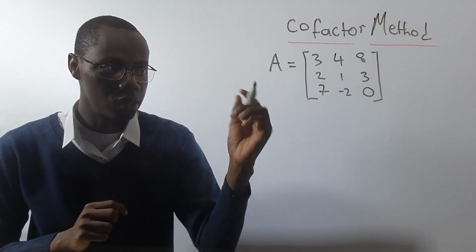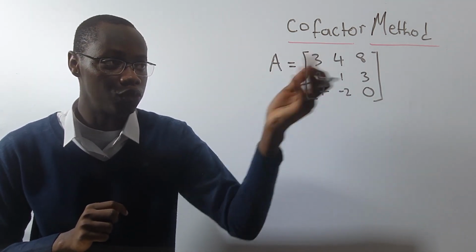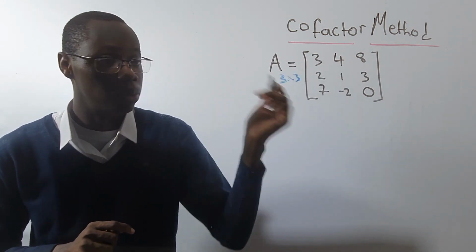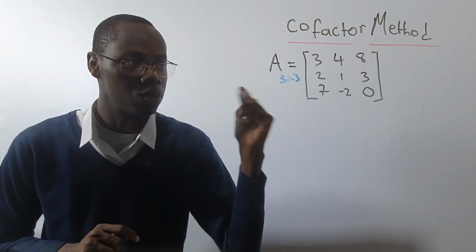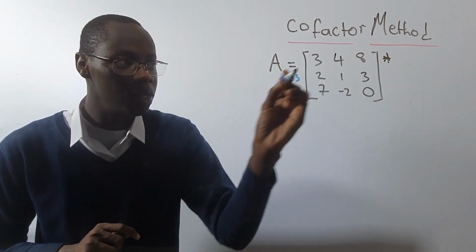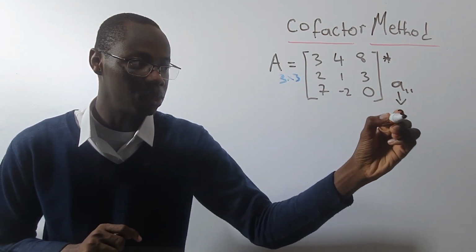Now the question says find the determinant of this 3 by 3 using the cofactor method. So like I said, pick any row, but I always recommend the first row. So let's pick this first row now. Now label them. A11 is 3.